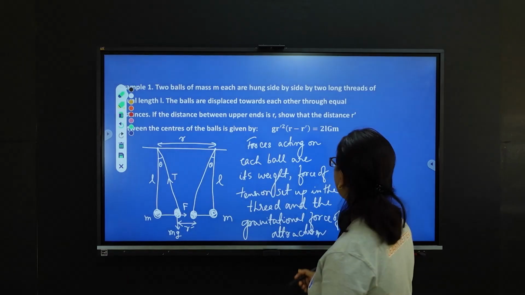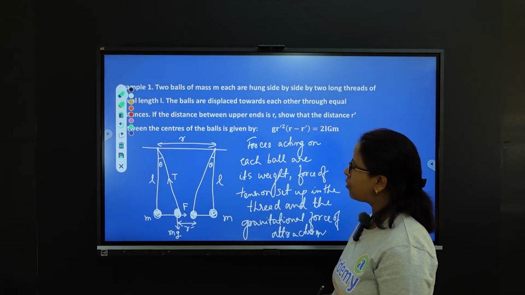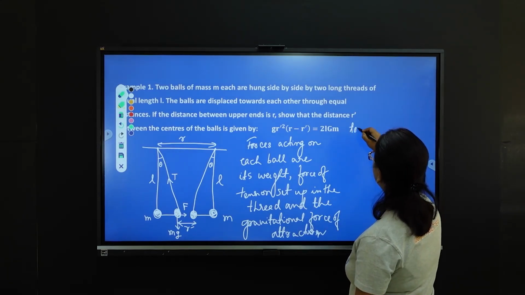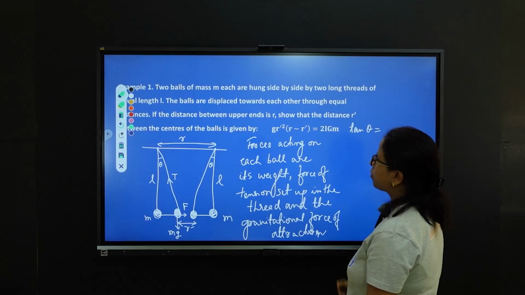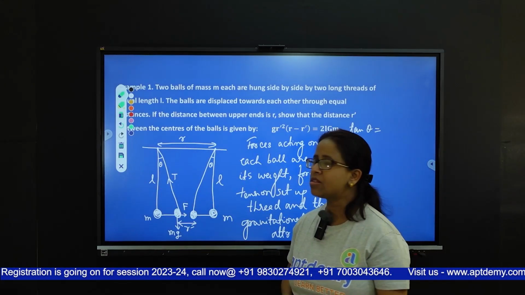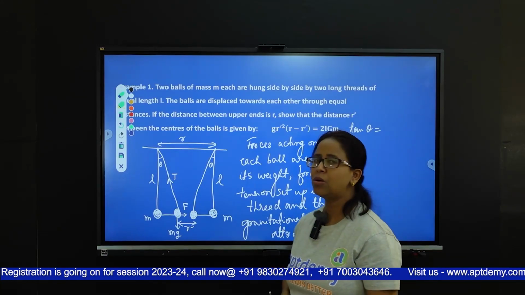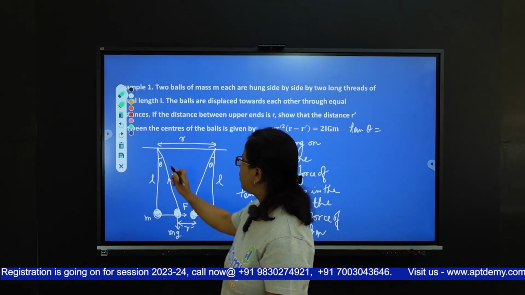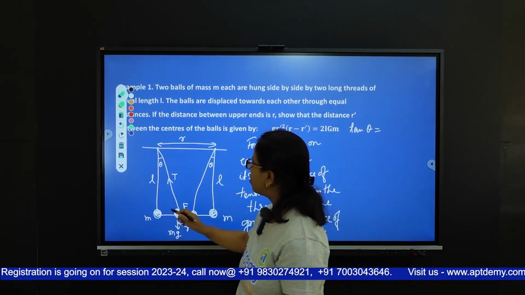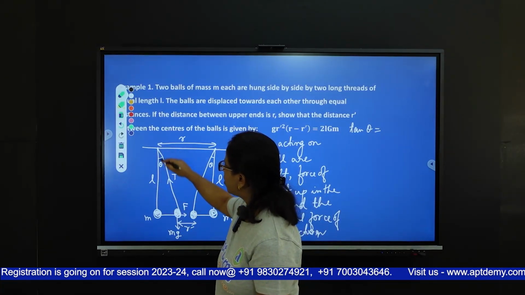Now looking at the diagram, let us try and write down an expression for tan theta. Consider any one of the triangles. Tan theta is nothing but perpendicular by the base. If this is theta, this stands as the perpendicular and the base is nothing but this.